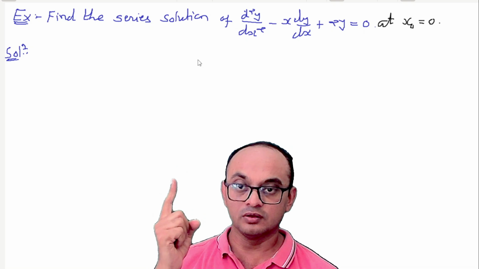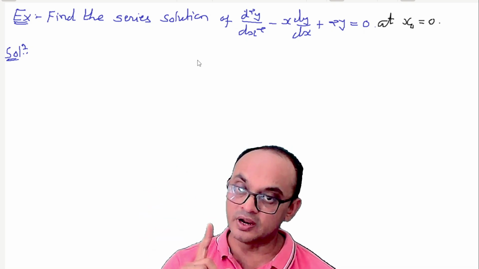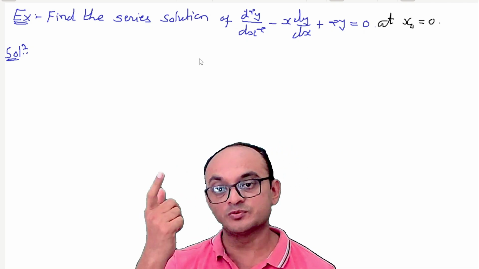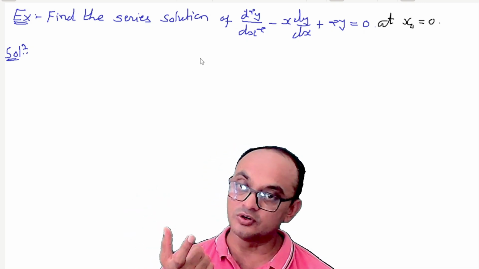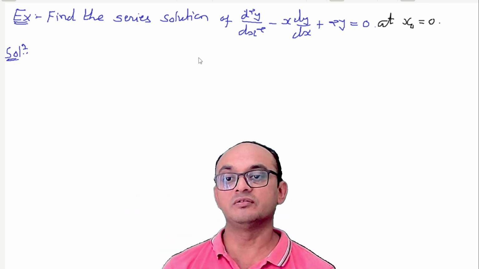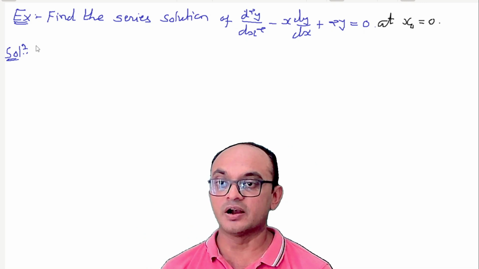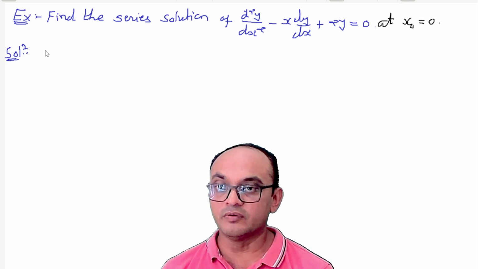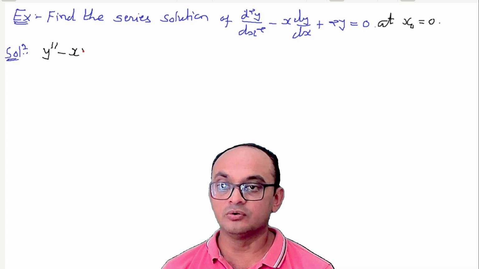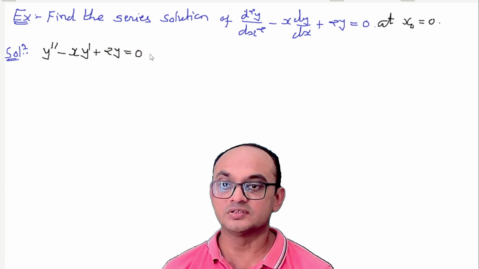In part 1, we check the type of singularity of x0, and corresponding to that type, we fix the solution format, and then we discuss part B. In part 1, I have been given this differential equation: y double dash minus x y dash plus 2y equal to 0. This is equation number 1.